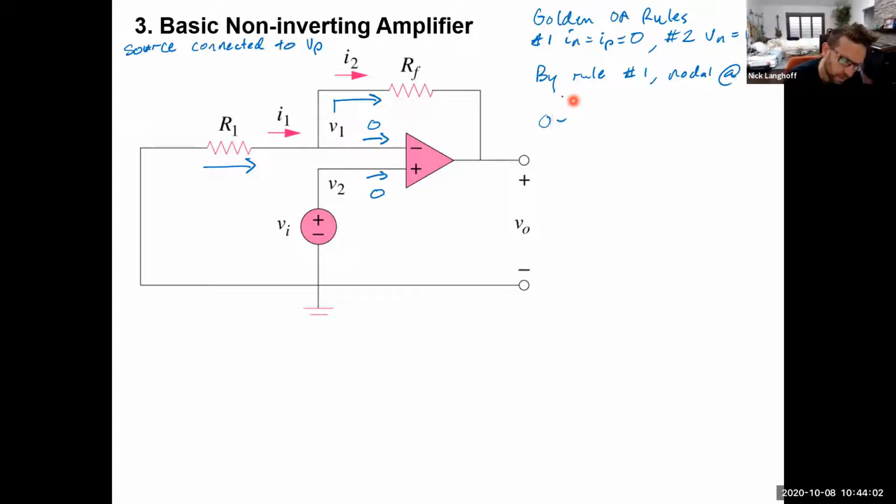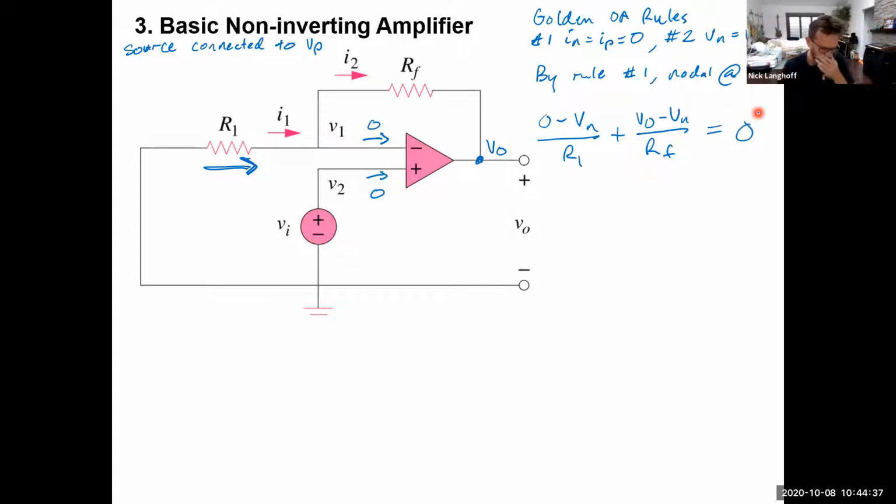We've got 0 minus Vn over R1, plus, here we're doing far minus near, this is V out, so the current going through RF, which if we were going to draw it on there, like far minus near, is going this way, even though it may or may not be going that way, is V out minus Vn over RF, the feedback resistor. That takes care of all the currents through there, and so that's 0.